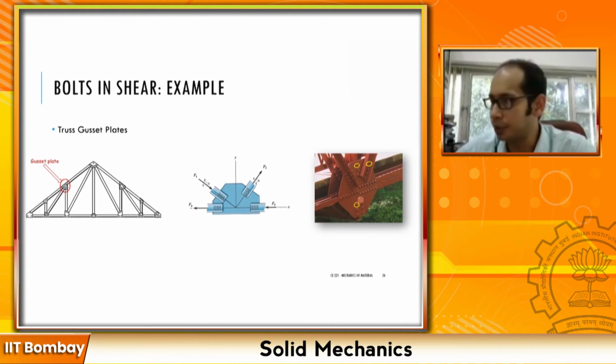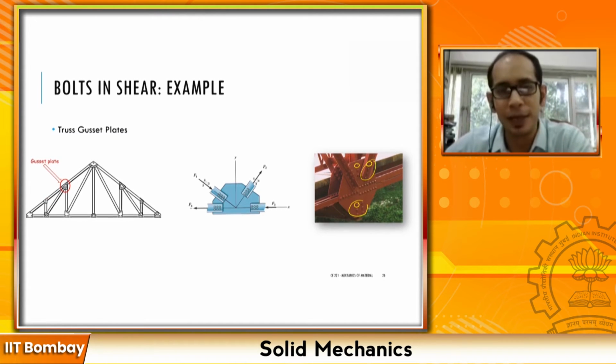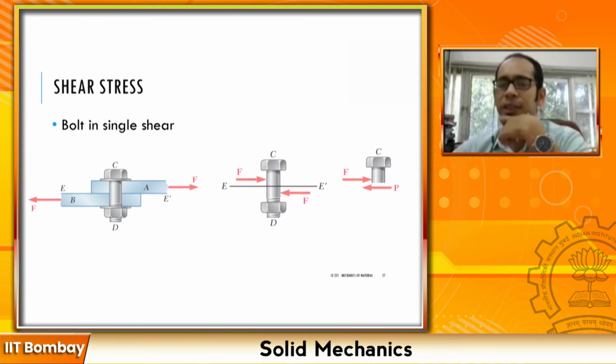All the bolts over here are actually undergoing shear stresses, because this member is pulling into the bottom member. Let's take a further look into some of these bolts so that we understand better. First I am going to show you an example of this particular bolt. We'll come back to why it is called a single shear later.